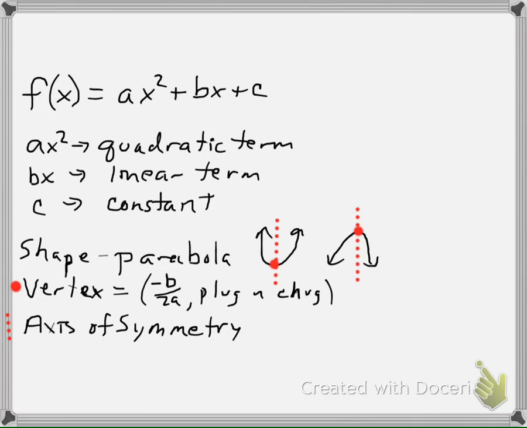The formula for the axis of symmetry is x equals the opposite of b over 2a, which is just the x-coordinate of the vertex. Finding the vertex really gives you almost everything you need to know, including the axis of symmetry.